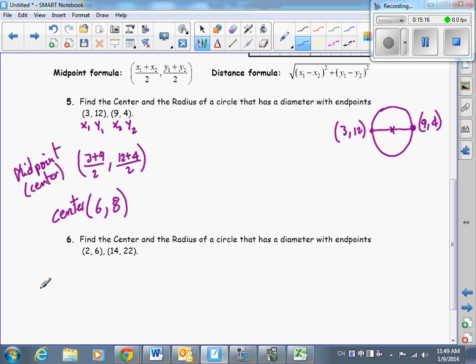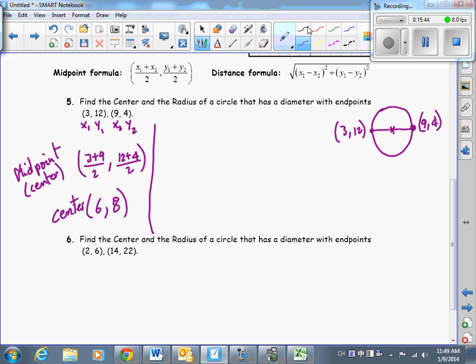Now, here's the problem. Imagine you get the center wrong. That means you're getting the radius wrong. I'd rather you use these 2 points because they were given to find the diameter and divide by 2. You see the difference, right? Because if you get the center wrong, you're carrying the wrong answer over and over again. Compared to these two, you didn't calculate them, so they're right. Use those two, get the diameter, and divide by 2.